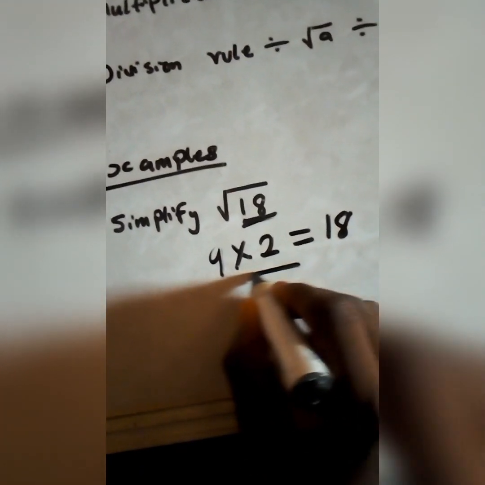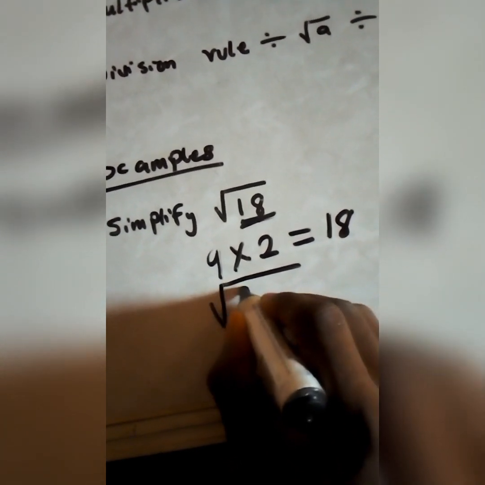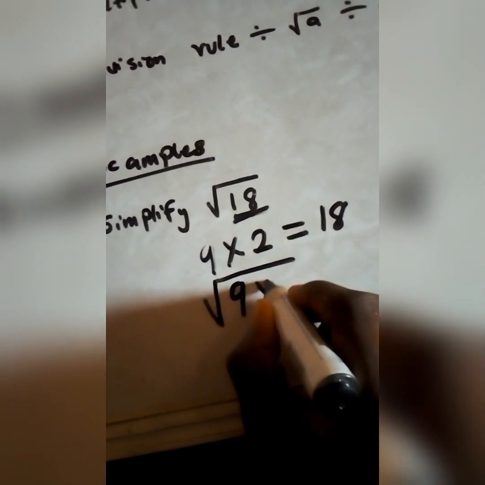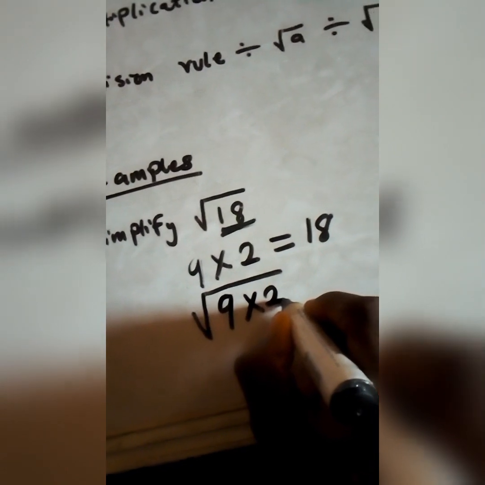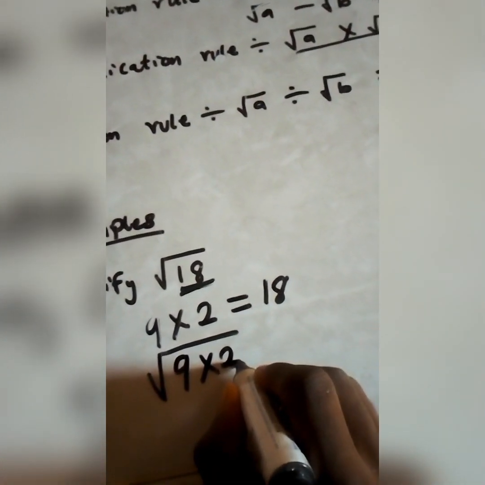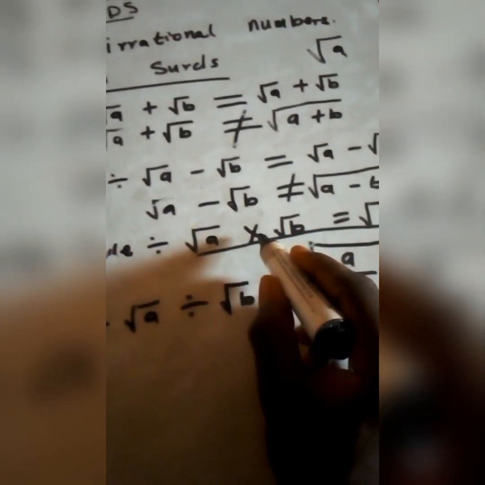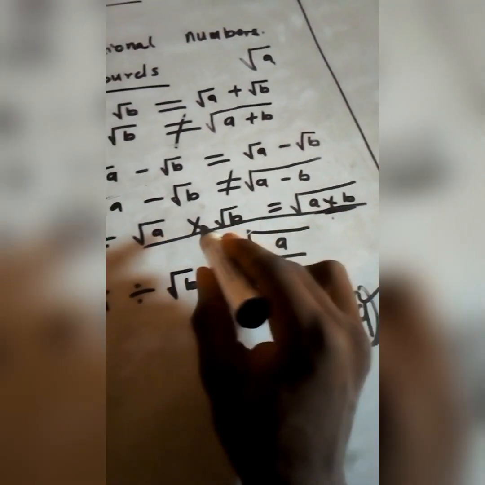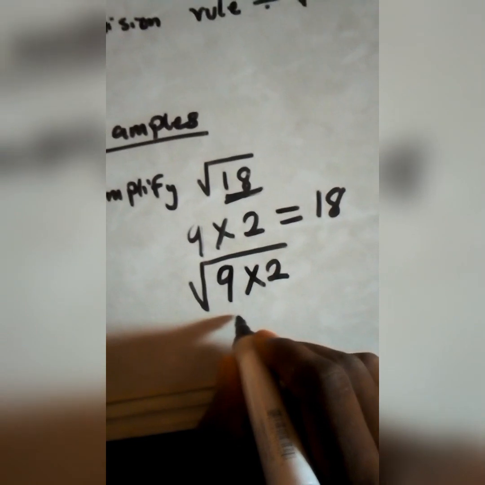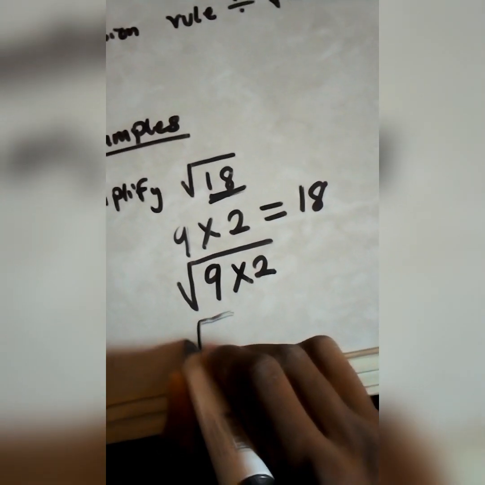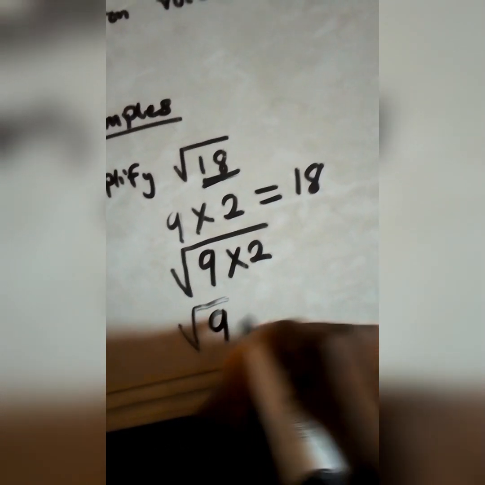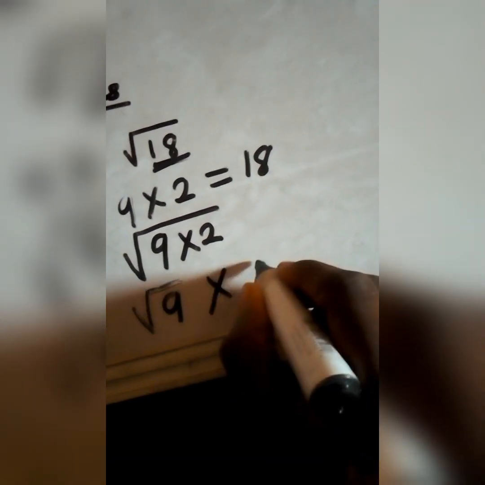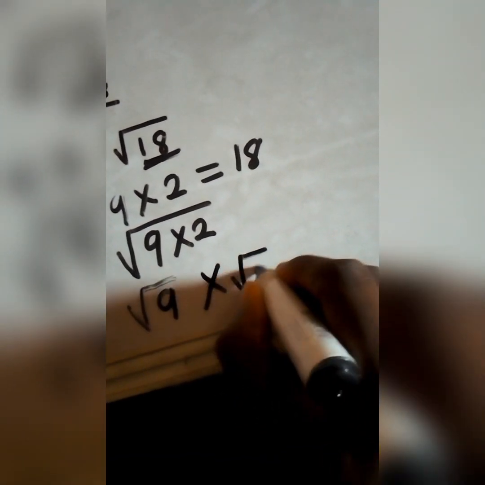So it is now going to be the square root of 9 times 2. Based on the multiplication rule that we treated above, we can convert it back to this form. We will now have the square root of 9 multiplied by the square root of 2.